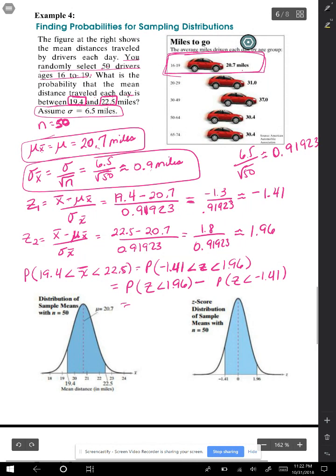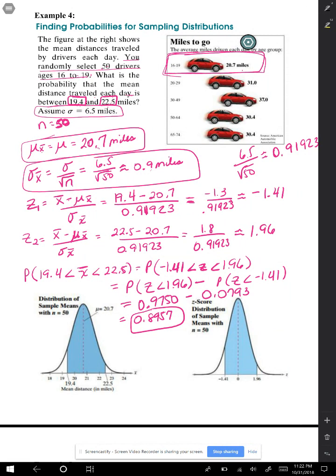These will come from the standard normal table that we looked at, and the probability that Z is less than 1.96 is approximately 0.9750, minus the probability that it's less than negative 1.41, which is 0.0793. When you subtract those two, you end up with 0.8957. And that would be our probability.